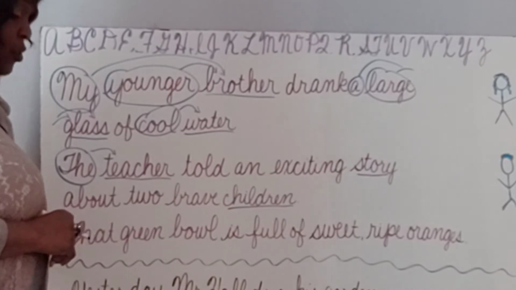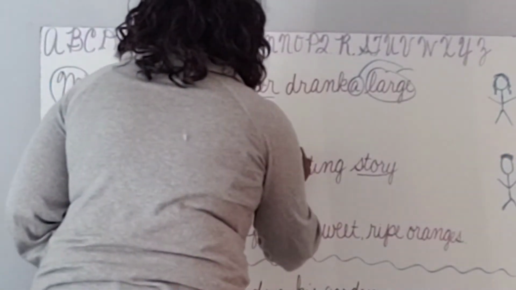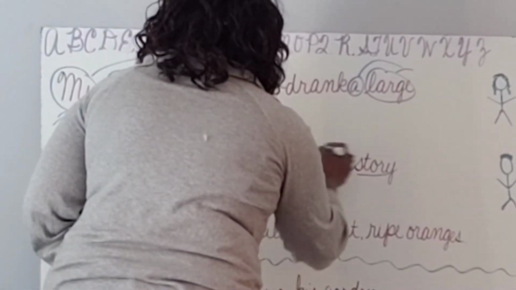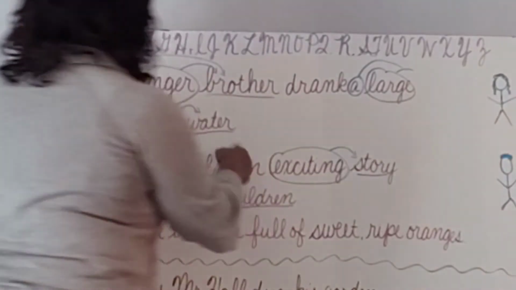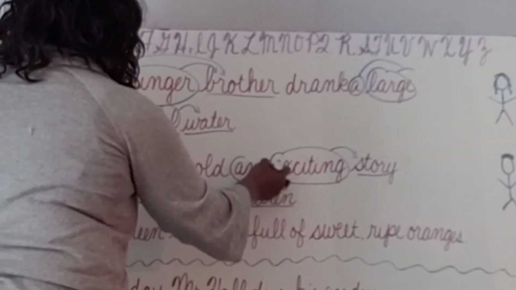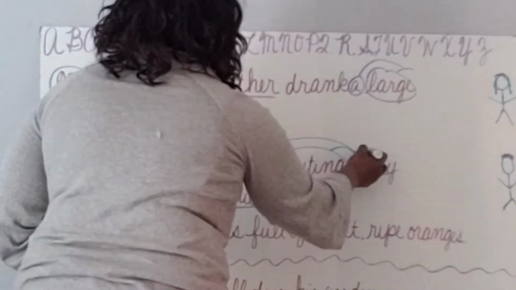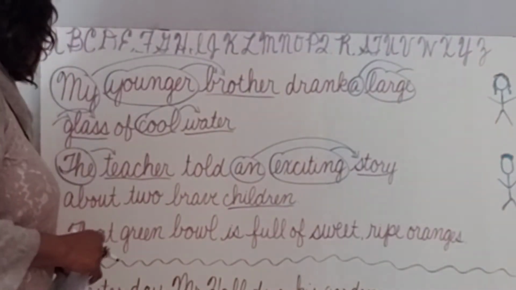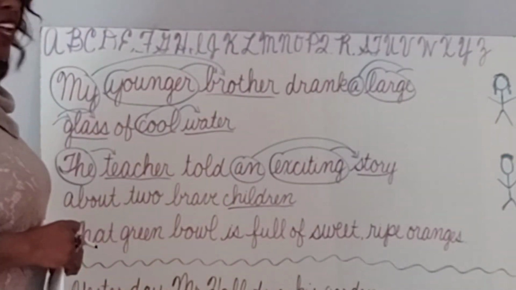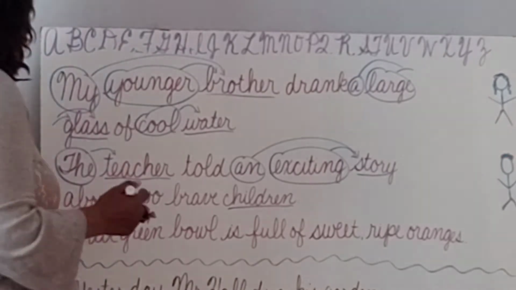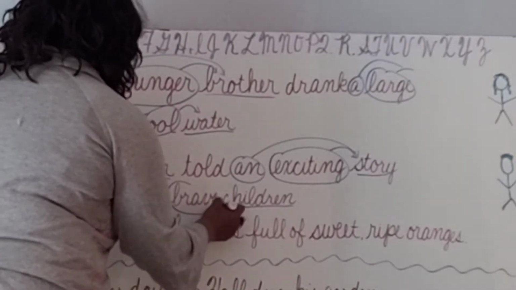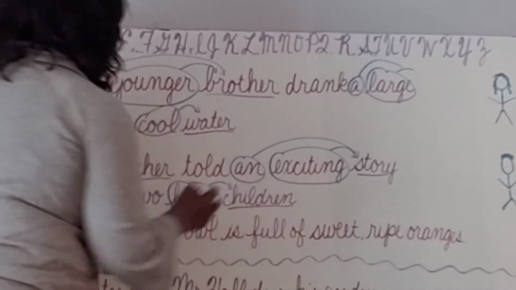Story, what kind of story? Yeah, it wasn't a boring story. It was an exciting story. And the word a, always look for that because it's probably going to be there. Then children. What kind of children? Brave children. Is that it?